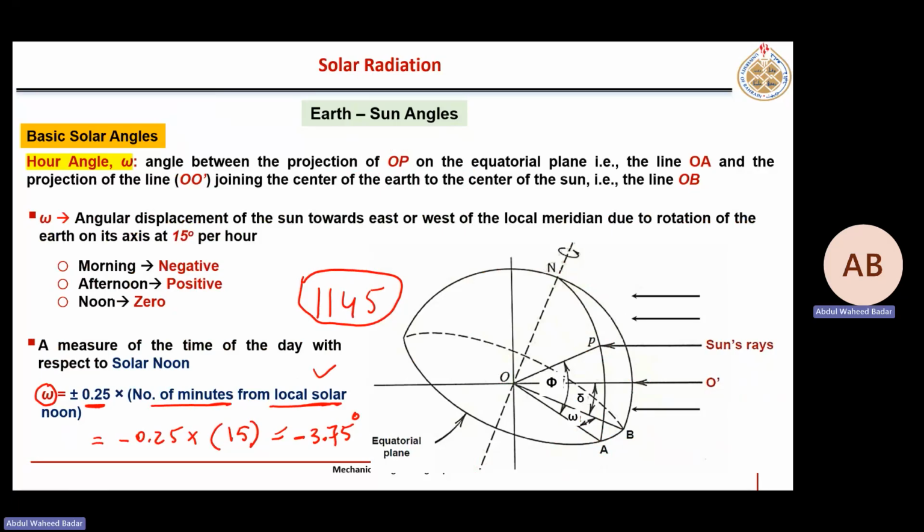So instead of memorizing that 15 degrees per hour change, we can simply use this equation if we know the number of minutes away from the solar noon in the morning or in the evening hours.